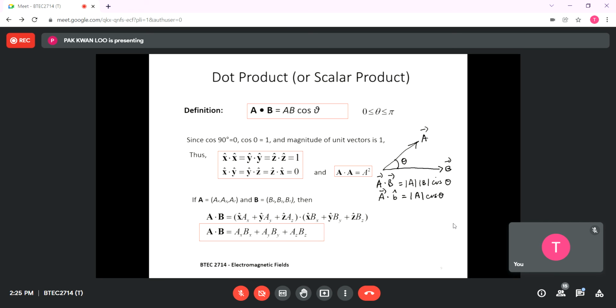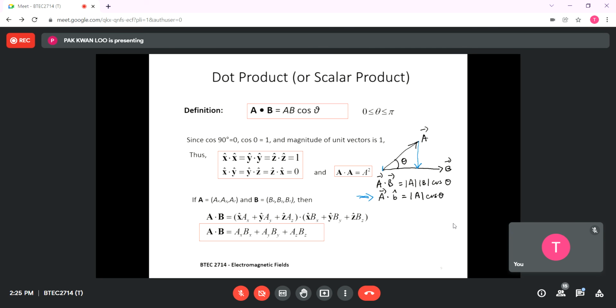So what does it mean? If we look at the expression here, this basically signifies the projection of vector A onto B. If you look at this triangle here, A cos theta is this length here.